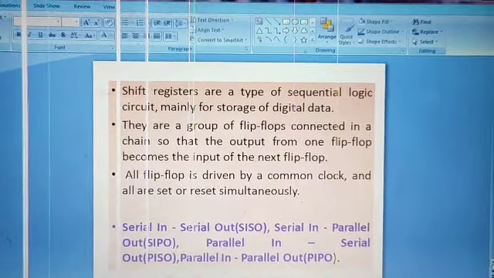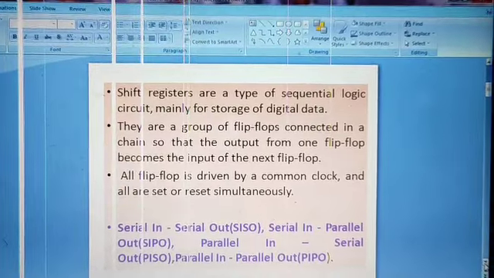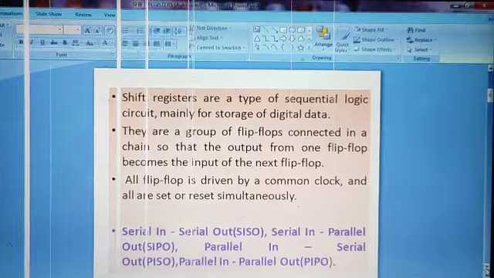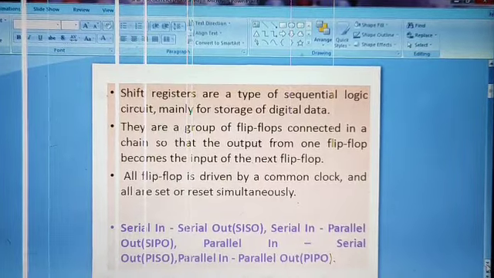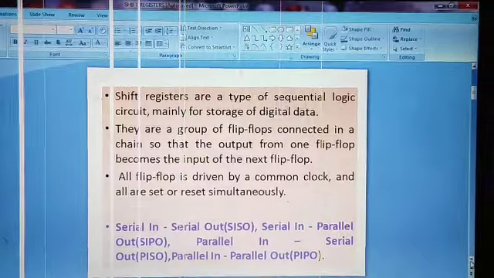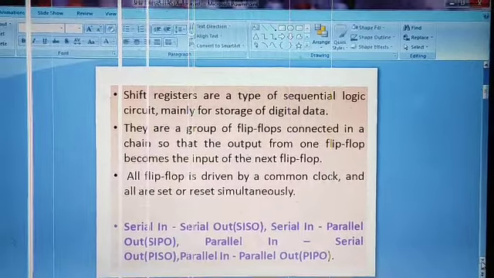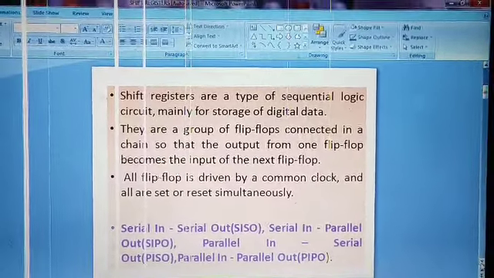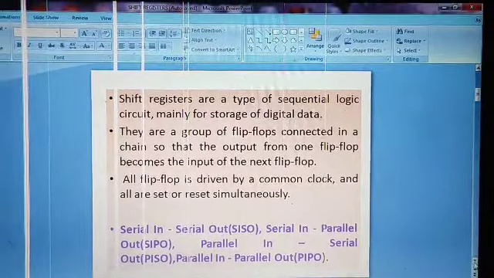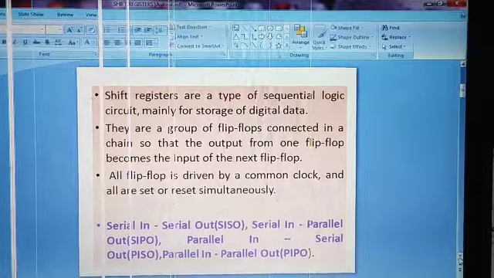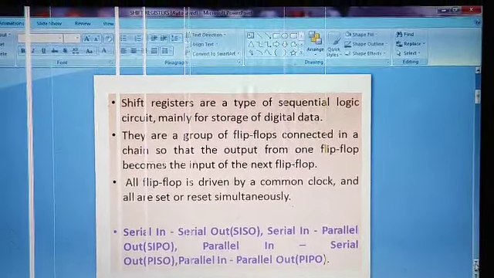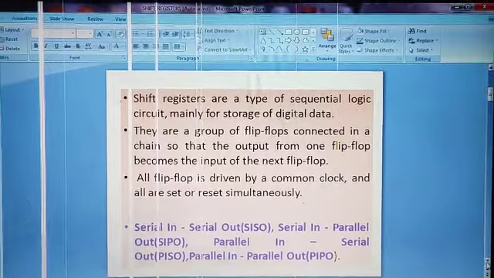If you apply the clock at either the positive edge triggering or the negative edge triggering, the output of the D flip-flop will change to 1, because you are making D as 1 and applying the clock. So the output will change to 1 from whatever previous condition it was. And if you again remove the clock signal, the output will remain in the 1 state itself.